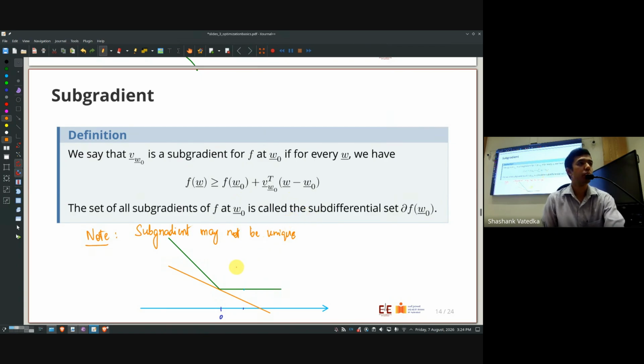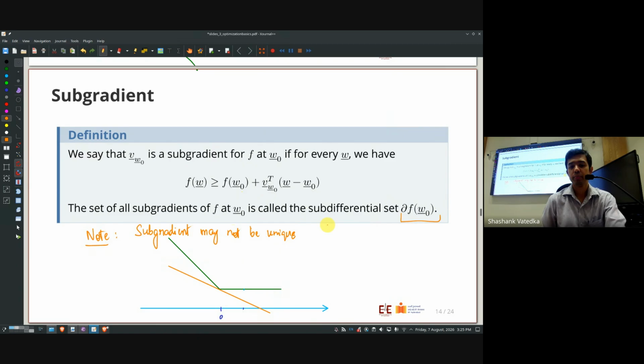In other words, I could find more than one tangent hyperplane which lower bounds the function at this particular point. So in general, the number of subgradients at a point W0 could be more than one. So the set of all possible subgradients at that point W0 for the function f is called the subdifferential set. And I'll denote this as partial f of W0.